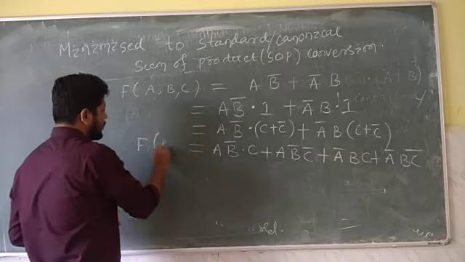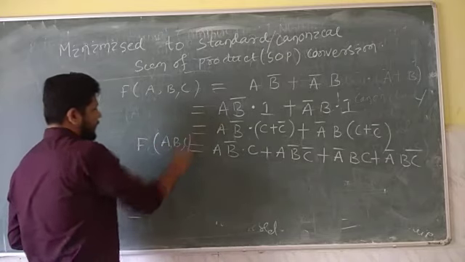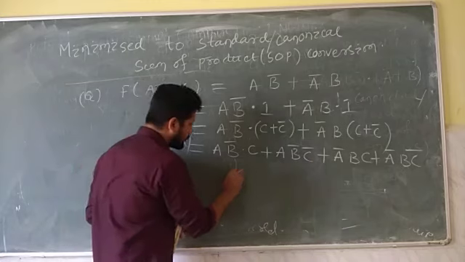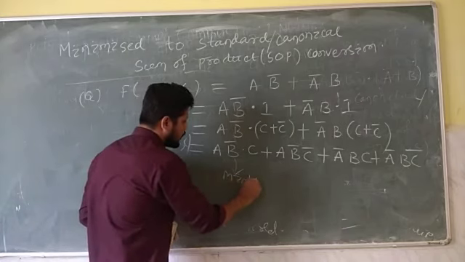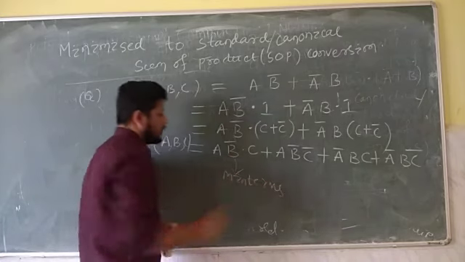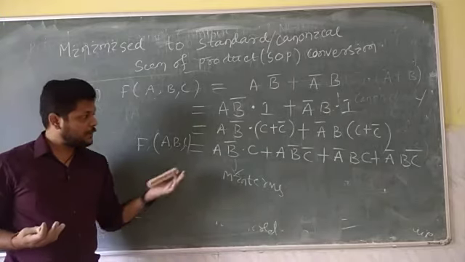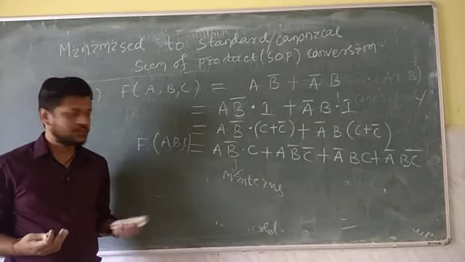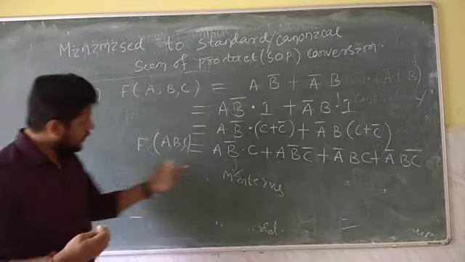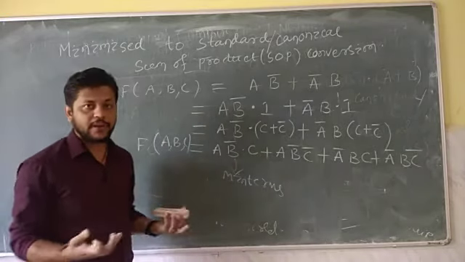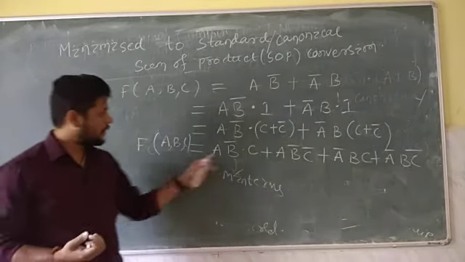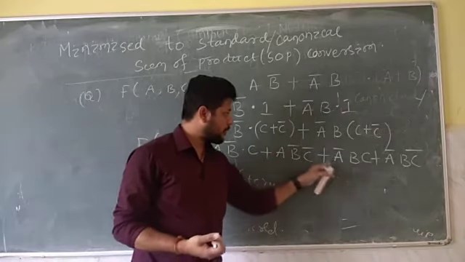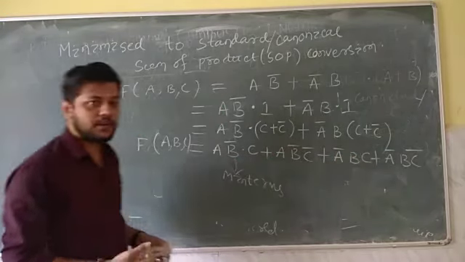You can see each of these terms is known as a minterm. In sum of product, if all the variables are present, the term is known as a minterm. So each minterm consists of all the variables: A B bar C, A B bar C bar, plus A bar B C plus A bar B C bar.